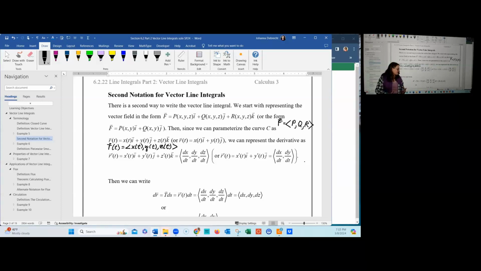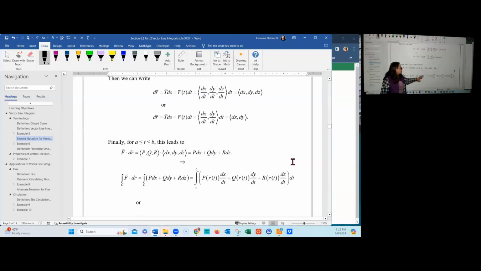They're not fractions, and this shouldn't work, but it does. They don't cancel, but you do get dx, dy, dz. And then when you dot this with the representation for your vector field, you'll get P dx plus Q dy plus R dz.